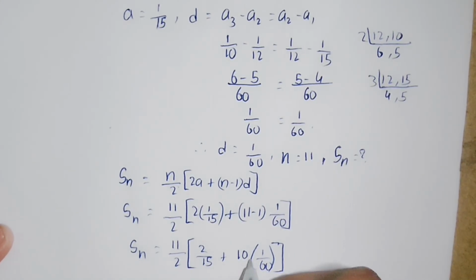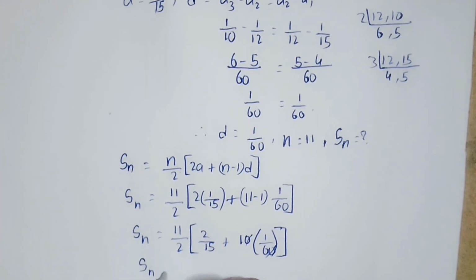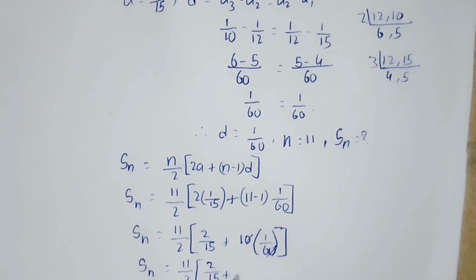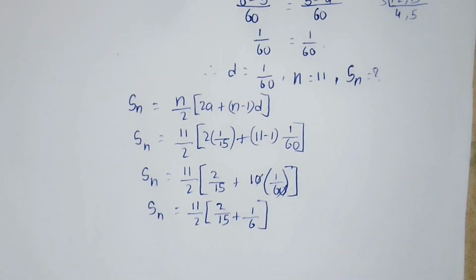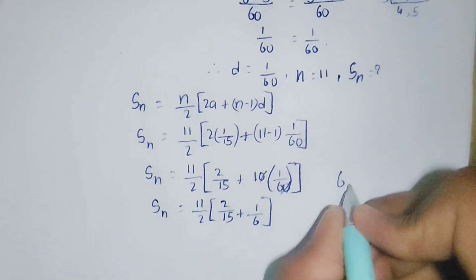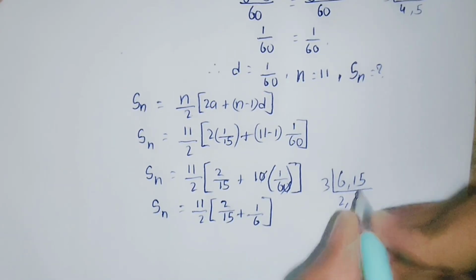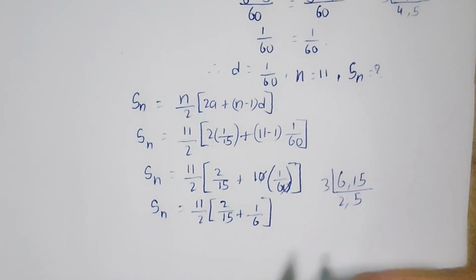In 10 into 1 by 60, the 0 gets cancelled. Then it becomes S base n is equal to 11 by 2 into (2 by 15 plus 1 by 6). Understand? Now here the LCM of 6 and 15 is 30. 3 twos are 6, 3 fives are 15, 3 twos are 6, 6 fives are 30.